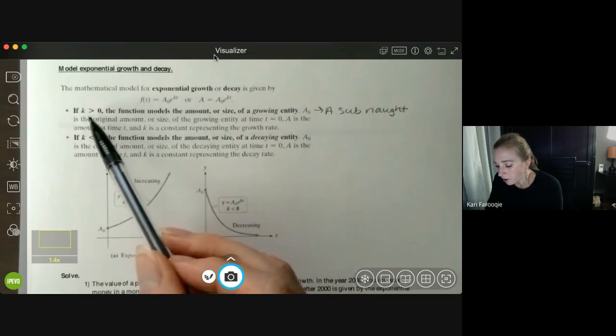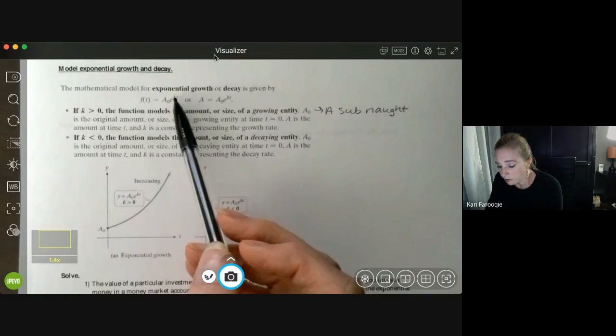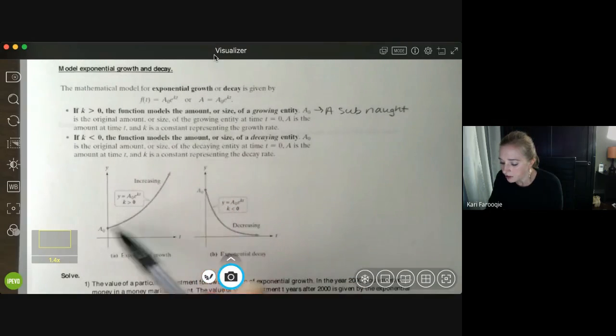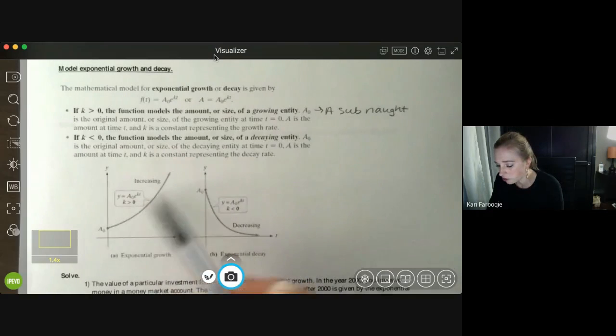If the value in your exponent is positive, and by the way, t can't be negative, so the only thing that would cause it to be negative or positive is k, then your graph would be heading up and to the right because you're just looking at this exponential function with that positive exponent.